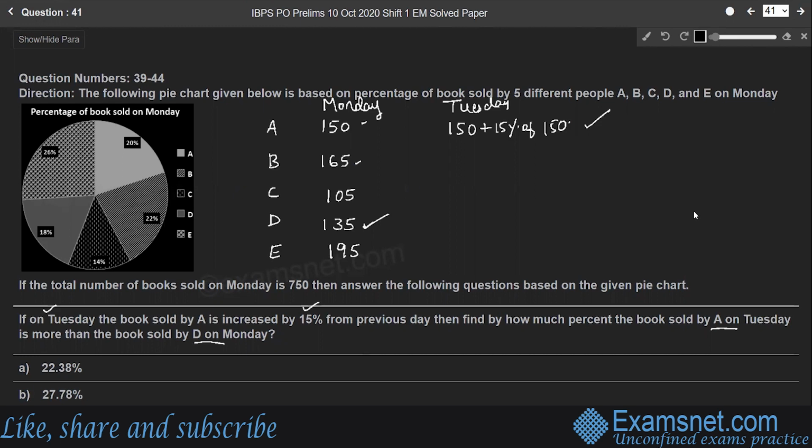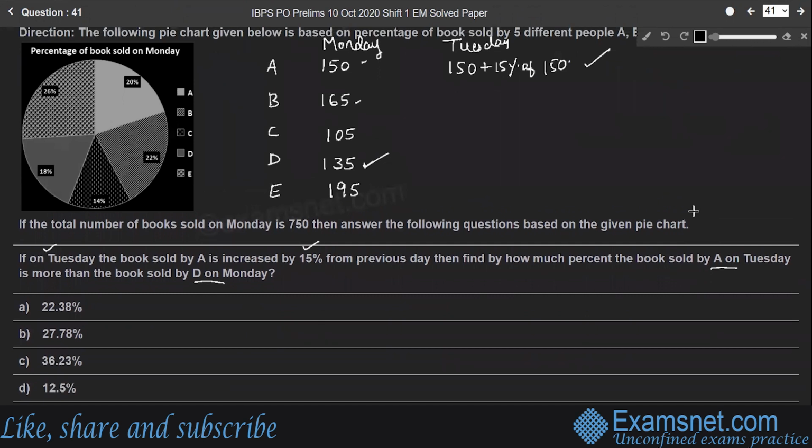Therefore, books sold on Tuesday is equal to 150 plus 15% of 150. So 15 by 100 into 150. So you can take 150 common. So 115 by 100. Right?